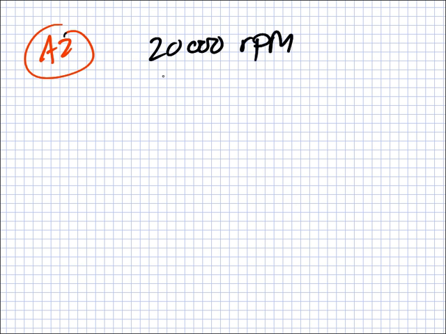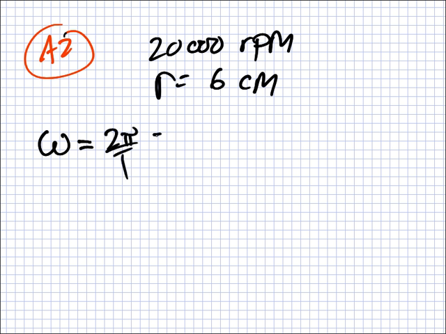The disk is rotating at 20,000 revolutions per minute and has a radius of 6 centimeters. Show that the angular velocity of the disk is approximately 2,000 rad per second. So omega is 2 pi over T, but T is 1 over f, so that's 2 pi f.